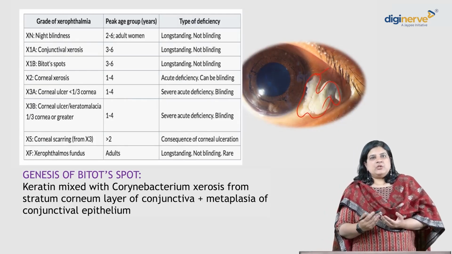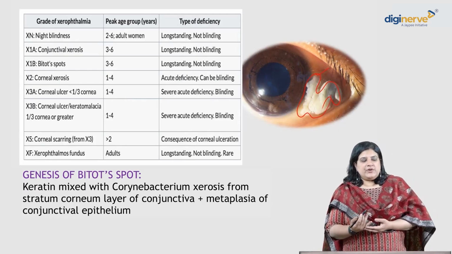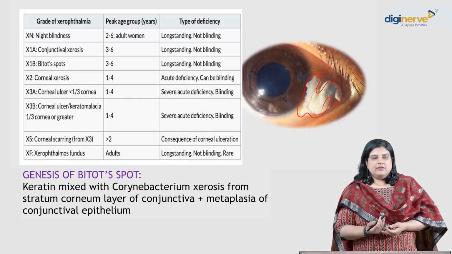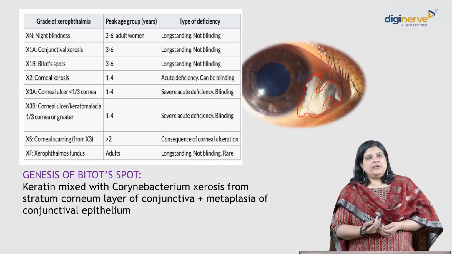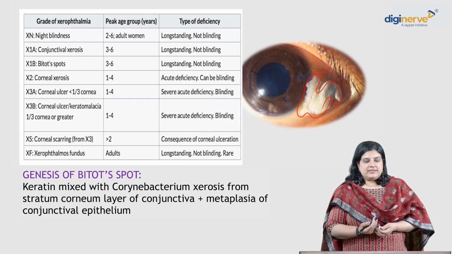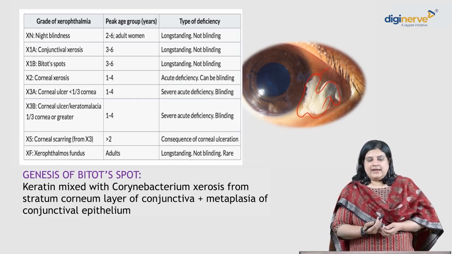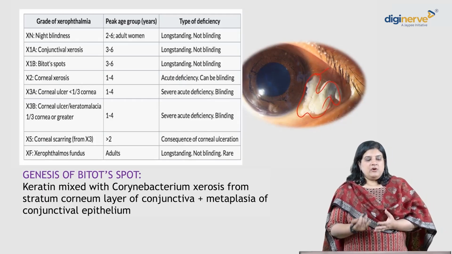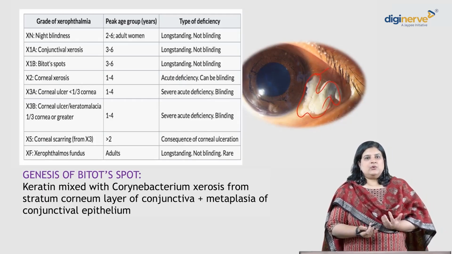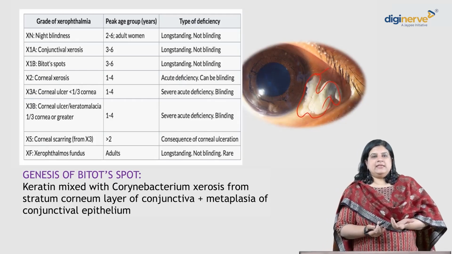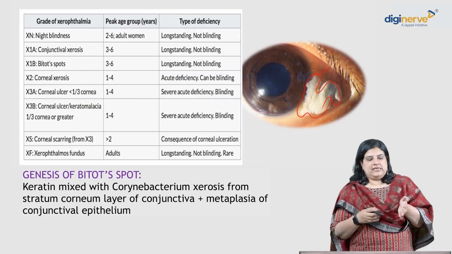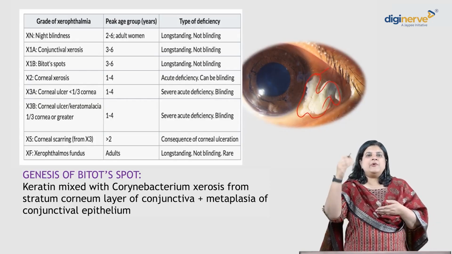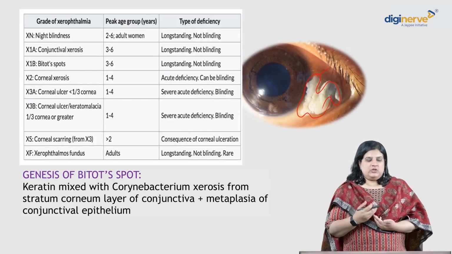Still, if the patient is not controlled and the disease progresses, we get corneal scarring, which is called XS, and later on, it goes on to involve even the fundus and results in a long-standing deficiency. Although it may not be blinding, it still quite significantly hampers the night vision of the patient. Now, xerophthalmic fundus is seen in adults, while all the prior stages are usually seen in children.